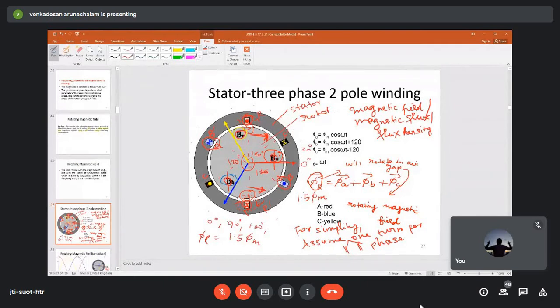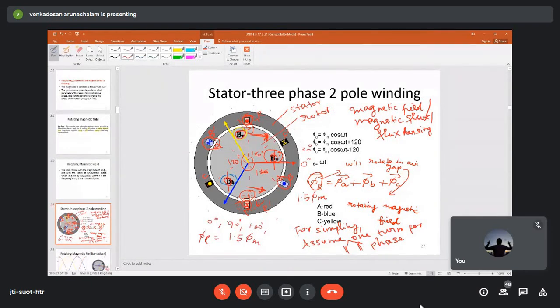Around 360 degree, if the direction of the resultant magnetic field is changing with respect to each angle spatially, and the magnitude at each instant, at 0 degree, 30 degree, 40 degree, is 1.5 times phi m, if at each angle the magnitude is around 1.5 times phi m, then I can say the resultant flux has a constant magnitude of 1.5 times phi m.